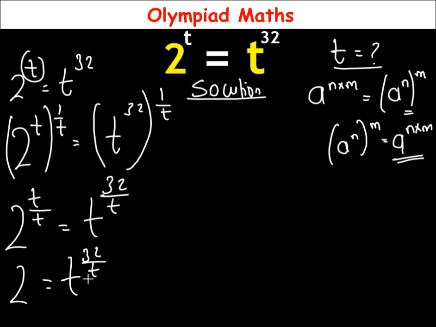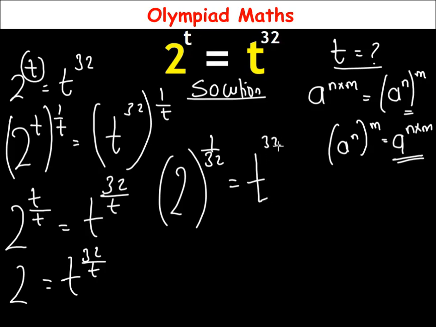With this, we are then going to eliminate this power 32 by multiplying both sides by 1 over 32. So from here, we have 2 raised to power 1 over 32 is equal to t raised to power 32 over t, all multiplied by 1 over 32.